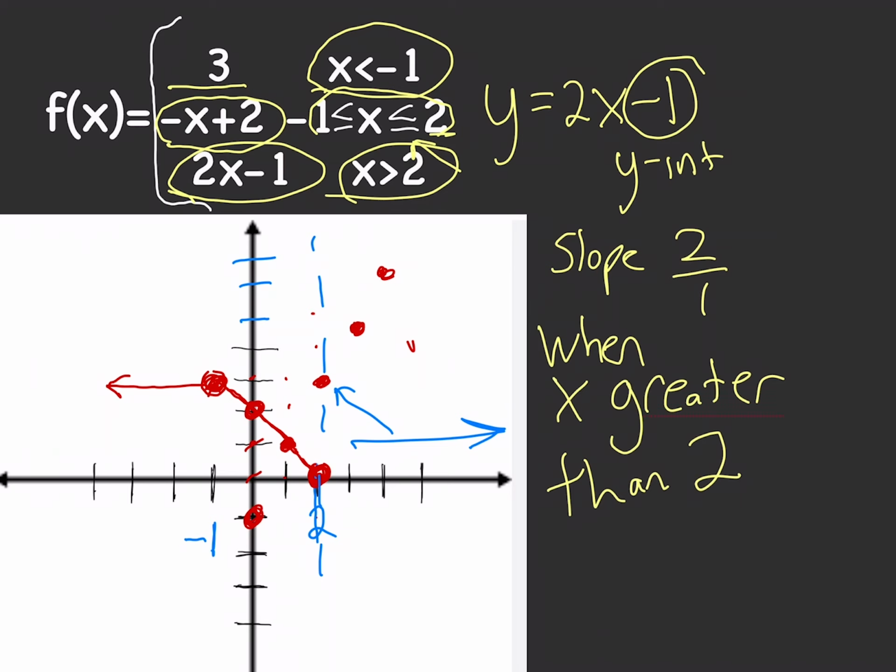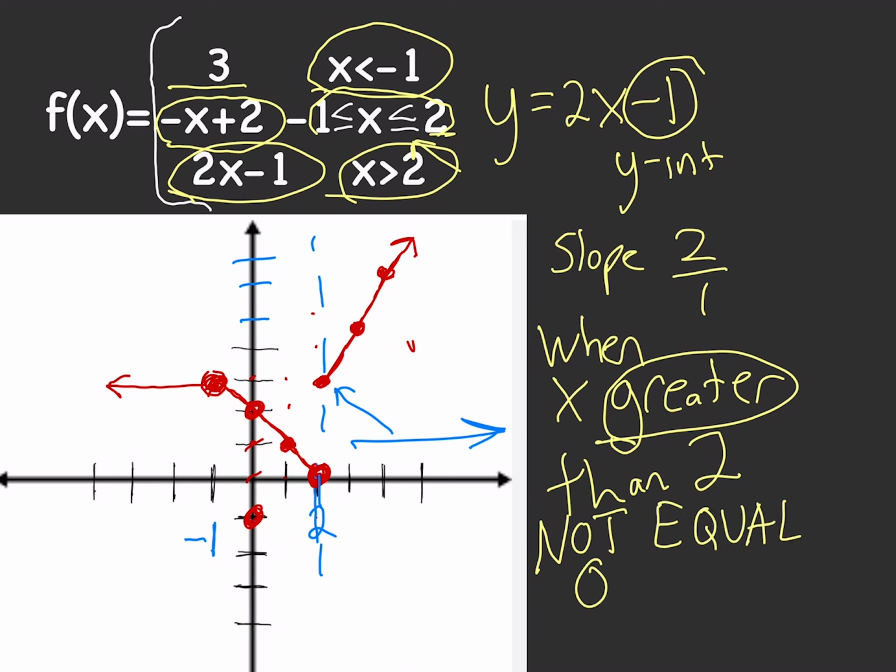And then this line is going to keep going to the right. So there I've got that graph now. Since it's greater than, the problem is there's no solid dot there, because it's just greater than, it's not greater than or equal to. So what are we going to do when it's not equal to? You're going to use that open circle, and there it is right there. Now I'm just going to clean this up. You can see what the result is here.